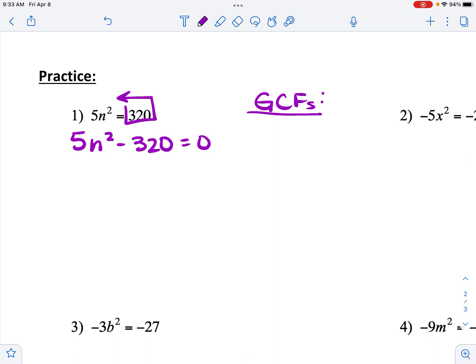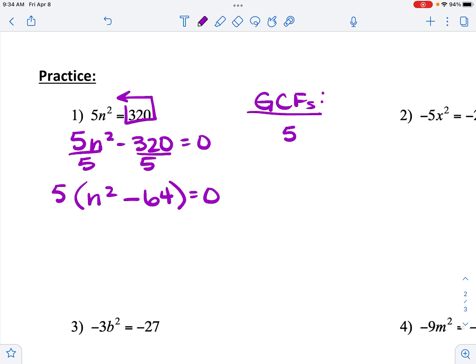So, 320 divided by 5 is 64. So we're left with 5 on the outside, and then we have n squared minus 64. Determine if both our A and C are perfect squares. Well, our exponent is even, and 64 is 8 times 8, so yes.